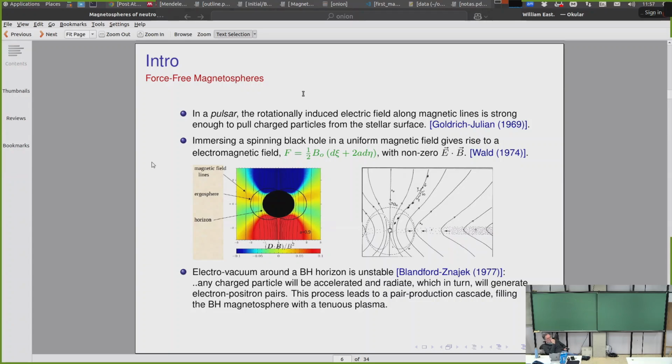So these more self-consistent methods have been developed, and in the case of pulsars, for instance, they have allowed us to better understand the theory.